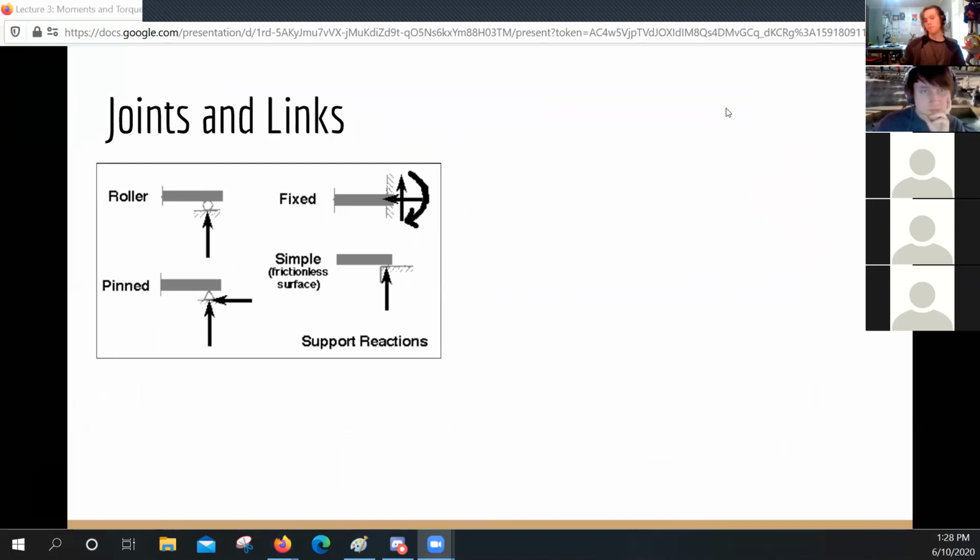Cool. Okay. So the next thing is just a real quick mention of joints and links, because when we start actually analyzing some stuff, they're going to be important. Basically, there's some different types of joints and links. So if I have a beam, let's say part of a building, right?